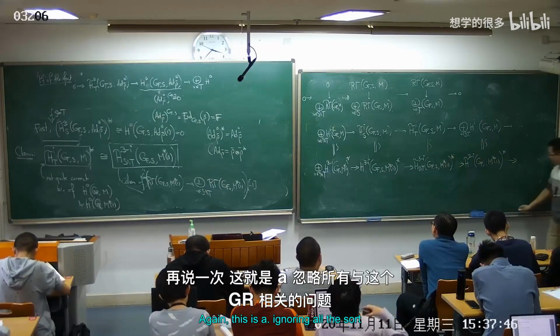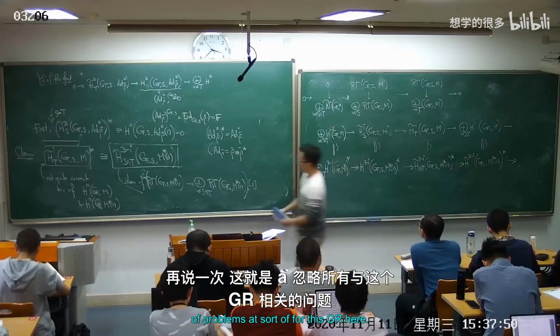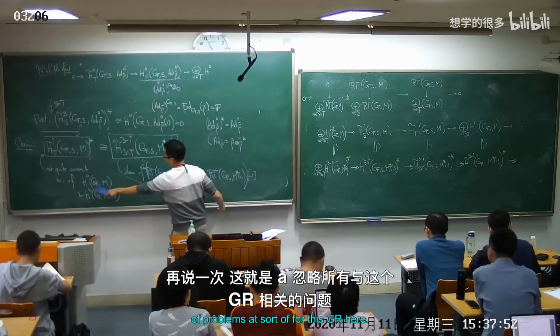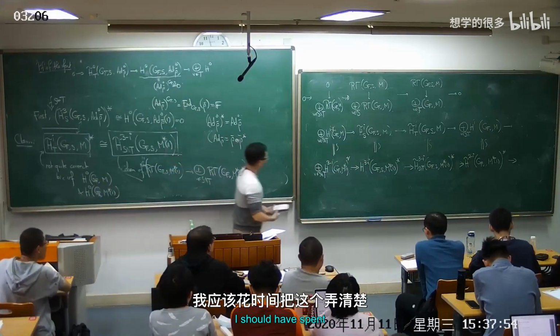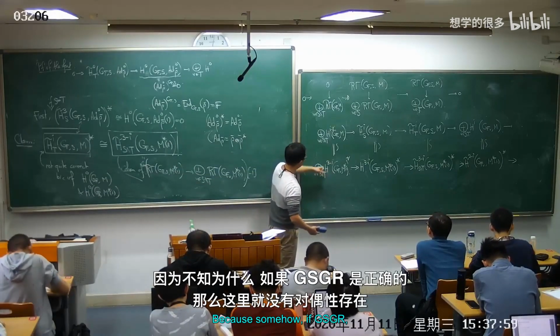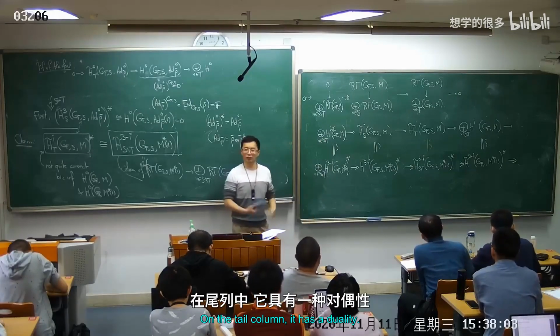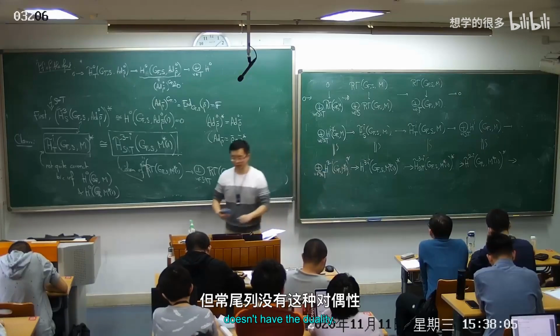Again, this is ignoring all the problems for this G_R here. I should have spent some time to work that out because if G is G_R, then there's no duality here. Only the tail column has a duality, but the regular column doesn't. Anyways.